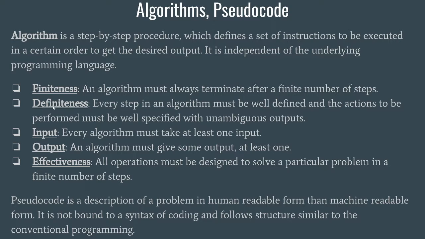The second point is definiteness. Every step in an algorithm must be well defined, and the actions to be performed must be well specified with unambiguous outputs. Obviously, suppose you have an expression and within that expression you have written 5 divided by 0, that will provide some erroneous output because 5 divided by 0 is an undefined quantity.